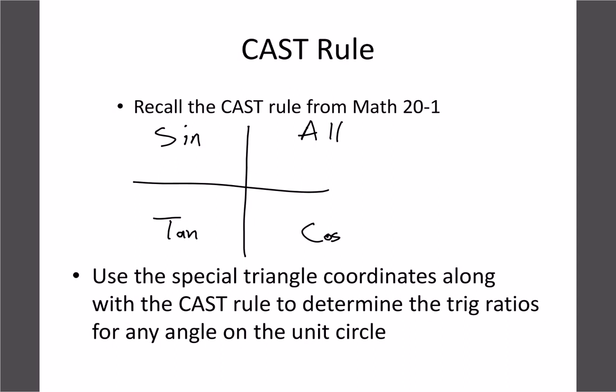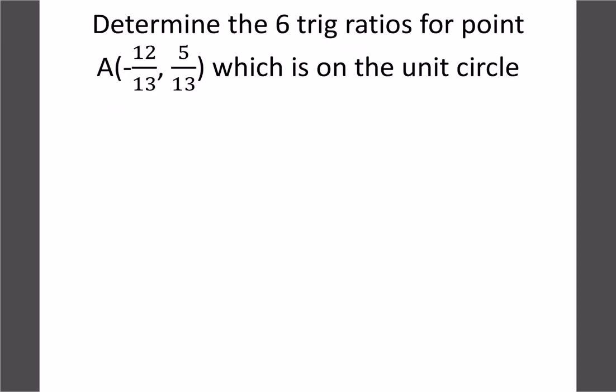That also applies to our new ones. So we still have all in the first quadrant, cosecant as well for quadrant 2, cotan as well for quadrant 3, and secant for quadrant 4, because they're tied to sine, cos, and tan, the same positives and negatives work for those too.